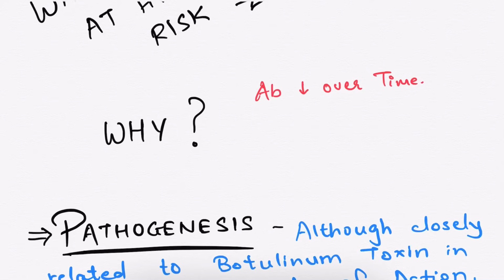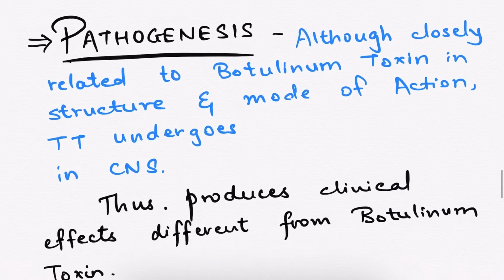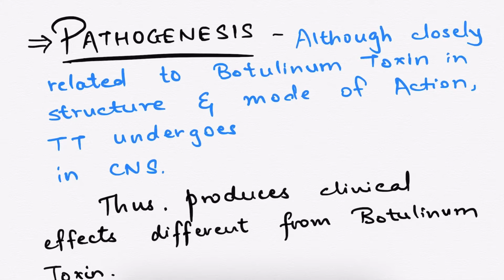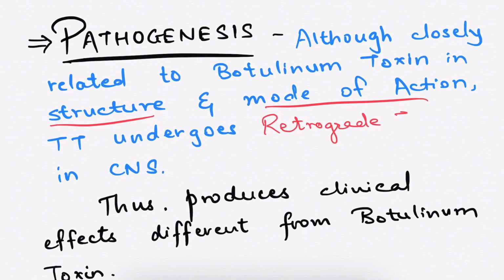Moving to the next, the pathogenesis of tetanus. Although closely related to the botulinum toxin in structure and mode of action, tetanus toxin undergoes retrograde transport in the CNS, and thus produces clinical effects different from the botulinum toxin.